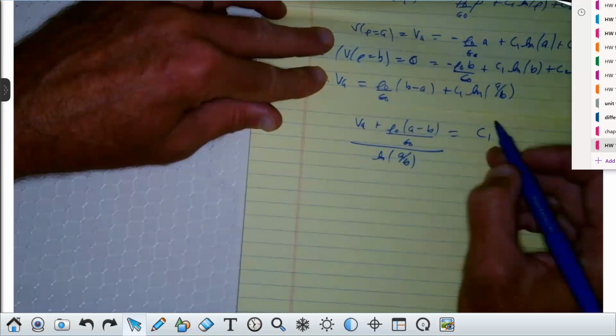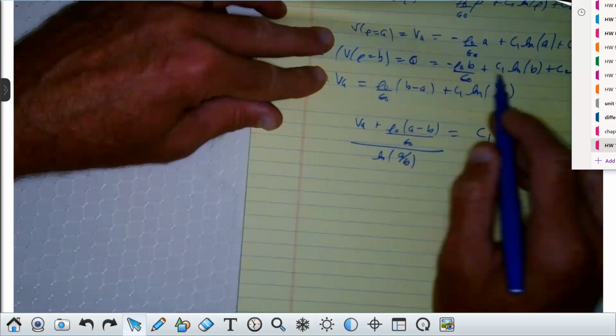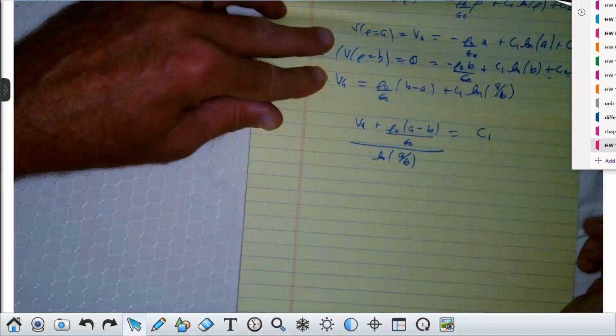Now you can take this C1 and plug it into this equation and get C2, and then plug it into here.